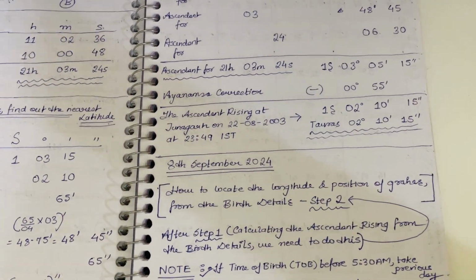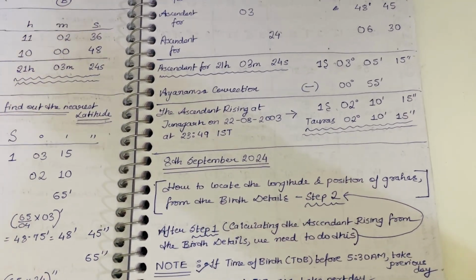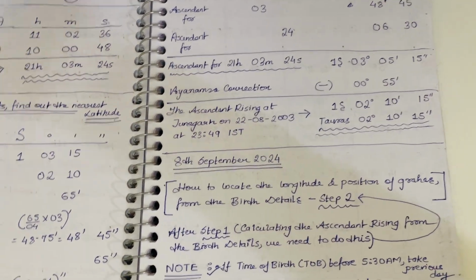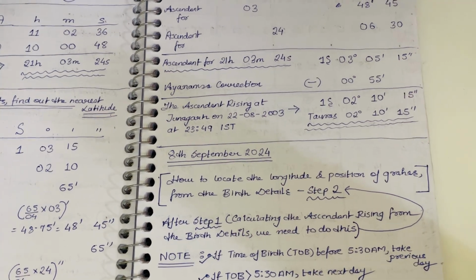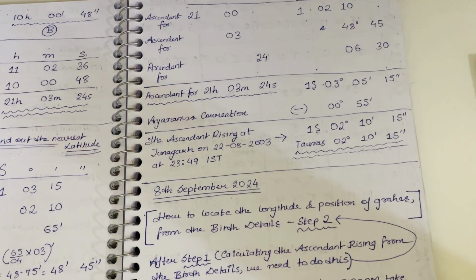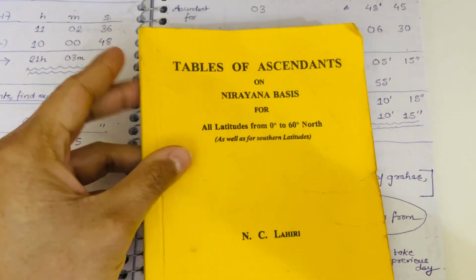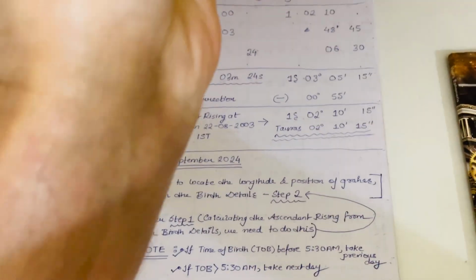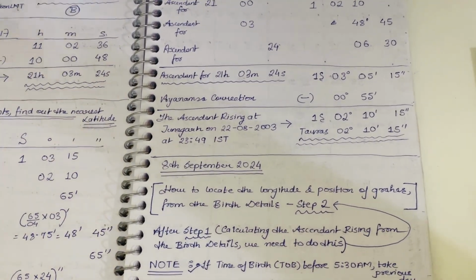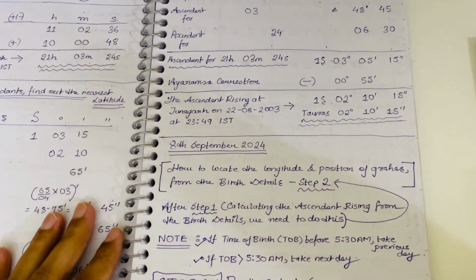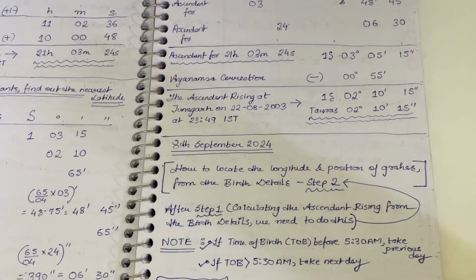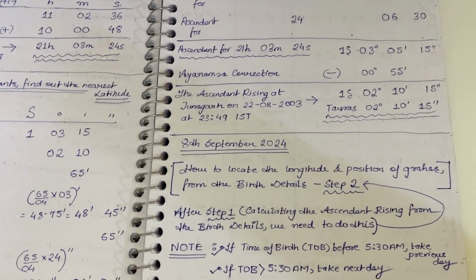Remember in class 69 for Wellington, New Zealand, we had a look at that particular value. We were not requiring it at that moment of the calculation, but we understood where we can get that value: from the table of ascendants. If it is a ZST birth, that IST from ZST value we will require for this step. Anyway, as this is a Delhi birth, there is no concept of ZST involved over here.